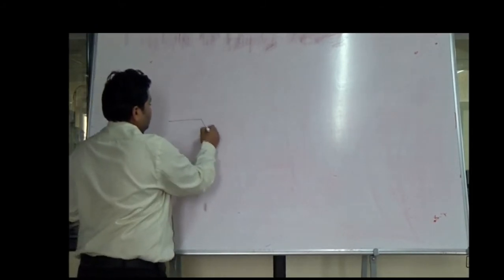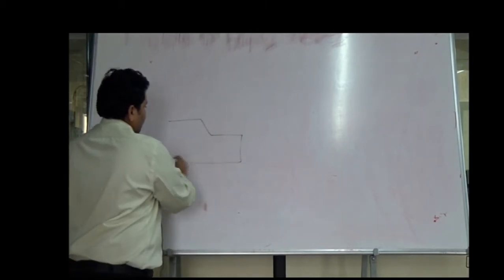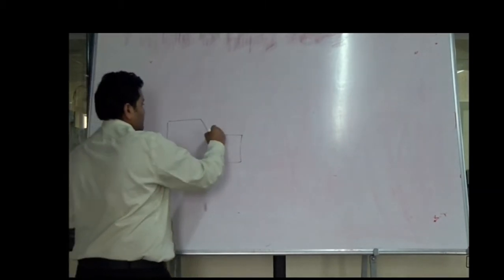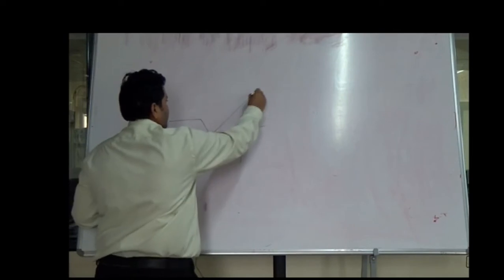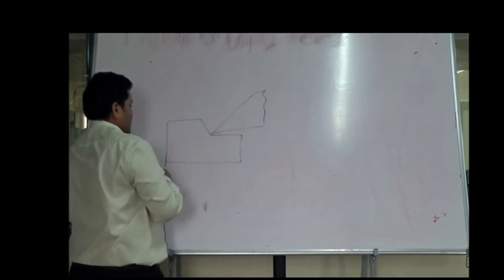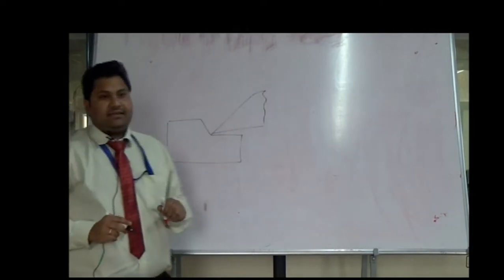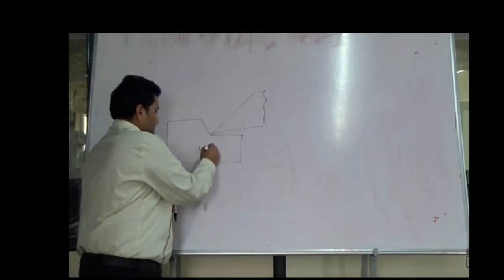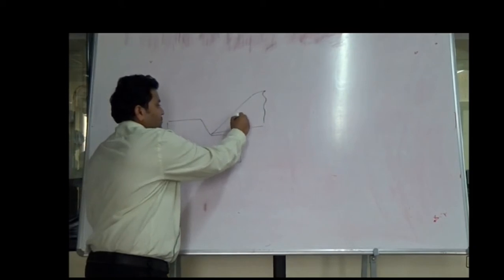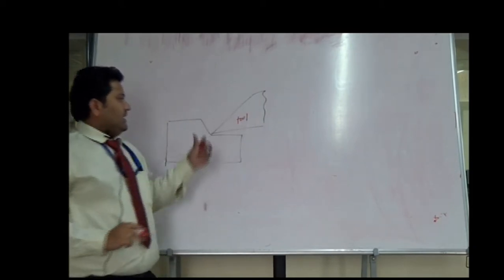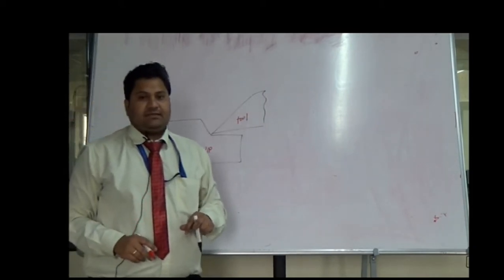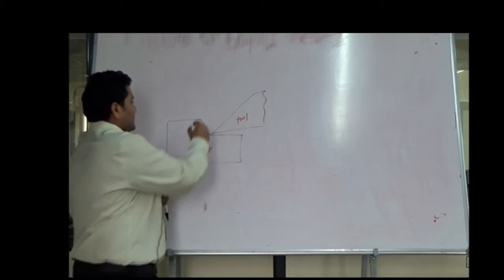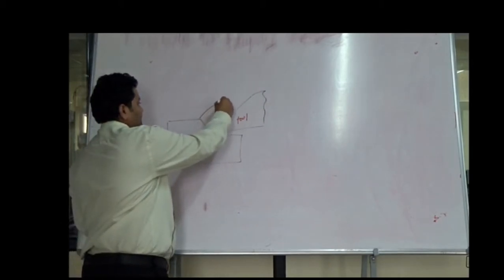first of all, draw the basic diagram of metal cutting. See here, in metal cutting there are three basic elements. The first one is the workpiece, second the tool, and after the machining takes place, the chip is formed, that is the third one, chips.